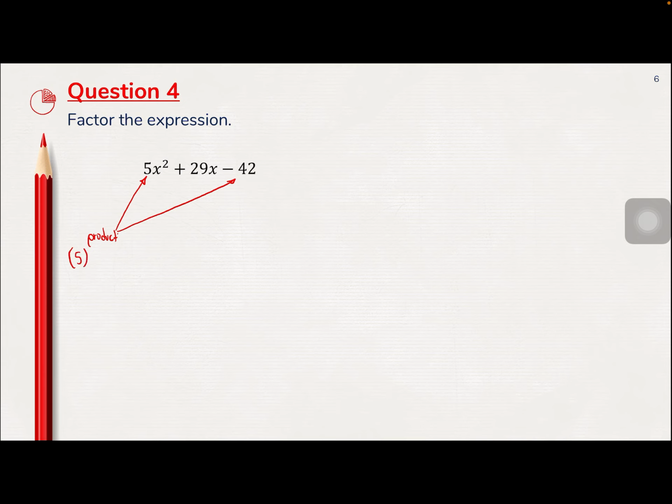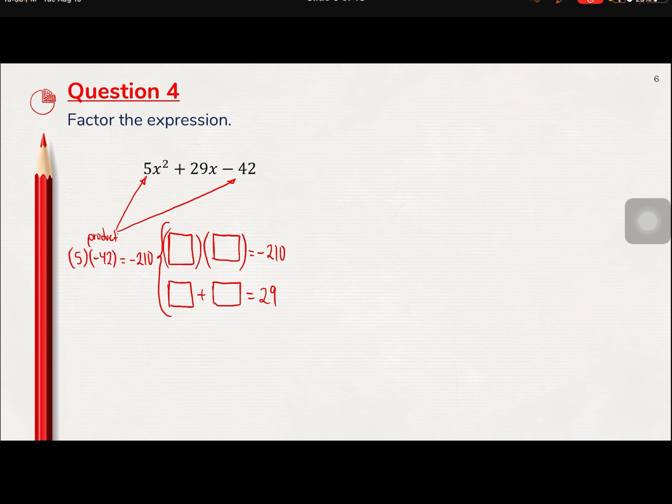That is 5 times minus 42, and that is going to give us minus 210. And with this, I need to find two values that if I multiply them, I get minus 210, and if I add them, I get the term in the middle, that is 29.